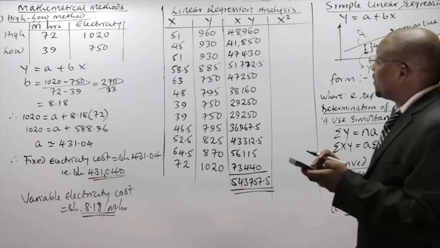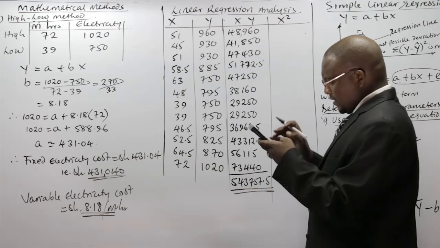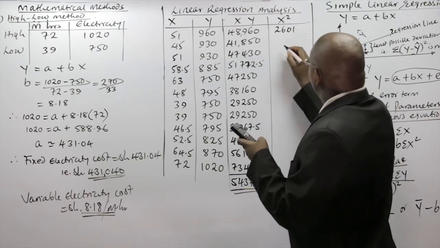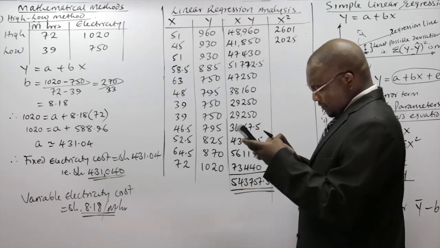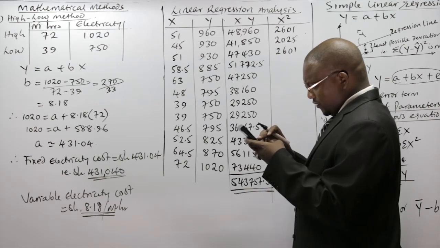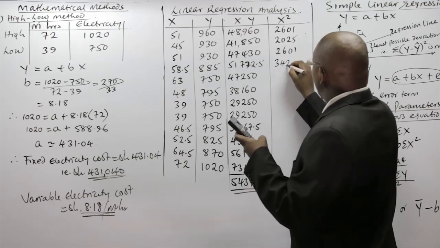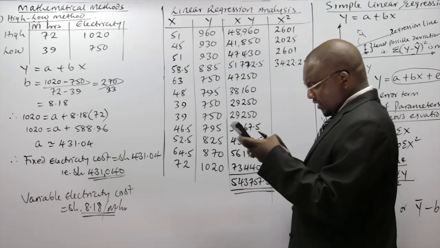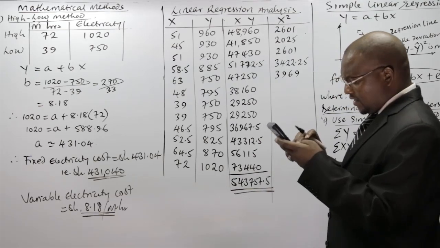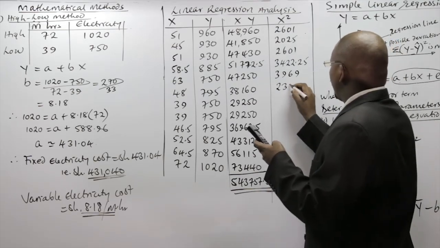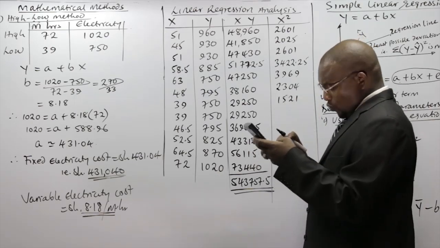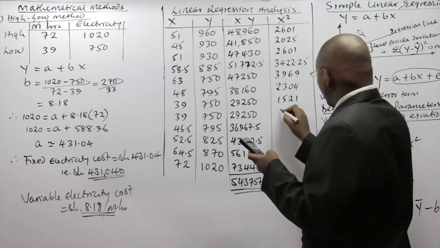So I'll be squaring as I store. 51 squared is 2601. 45 squared is 2025. 51 squared is 2601. 58.5 squared is 3422.25. 63 squared is 3969. 48 squared is 2304. 39 squared is 1521, and 39 squared again is the same figure of 1521.